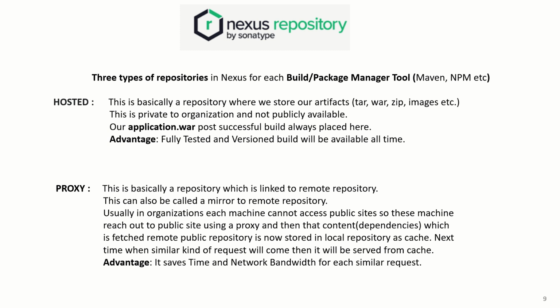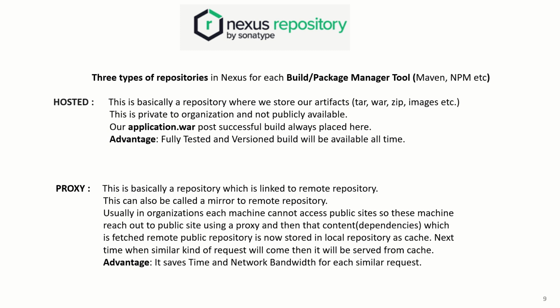So there are three types of repositories in Nexus for each build and package manager tool. The package manager tool can be either Maven, npm, etc. But in our case we are going to use Maven. So there are three types of repository, out of which one is the hosted repository. This is basically a repository where we store our artifacts. So what are artifacts? Artifacts are nothing other than the end result produced after packaging.